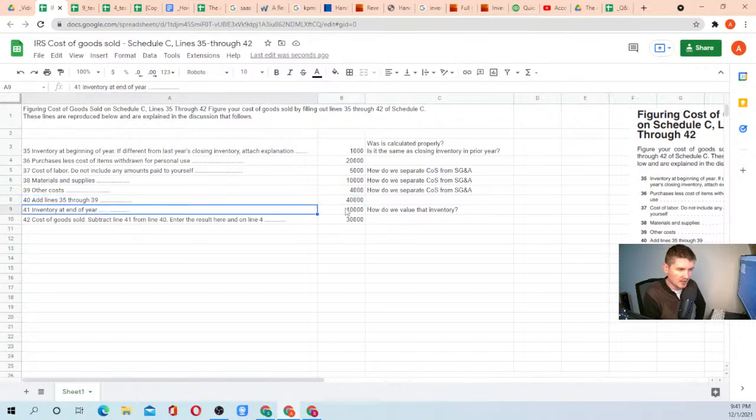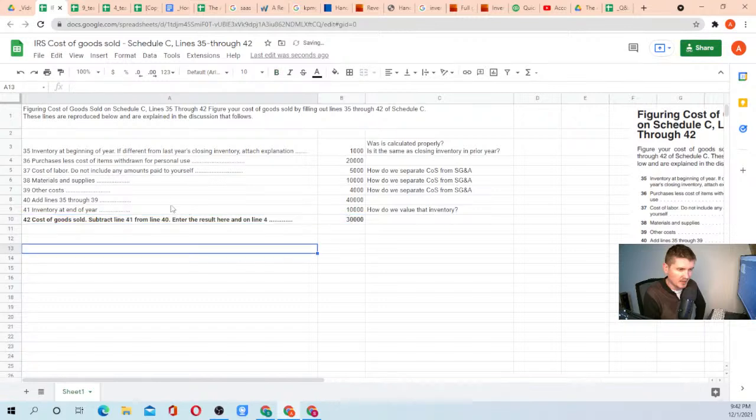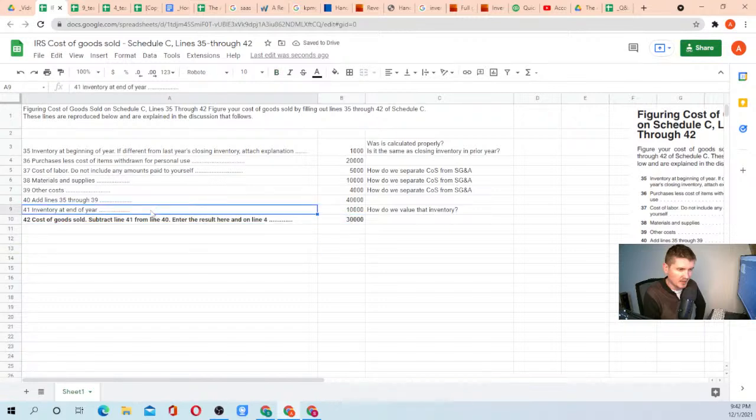Is the formula clear? So the formula is to calculate cost of goods sold in the period. Obviously, whatever we have at the end of the period was not sold, so shouldn't be included.